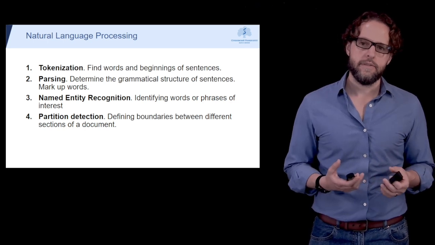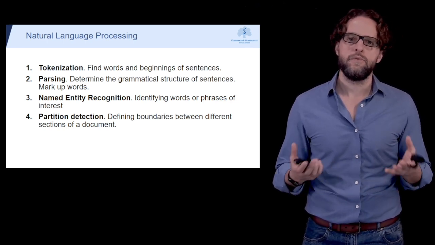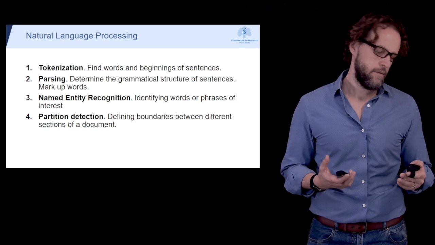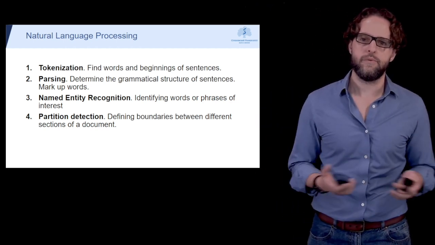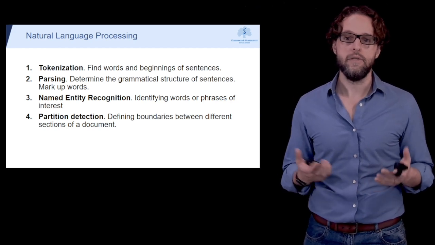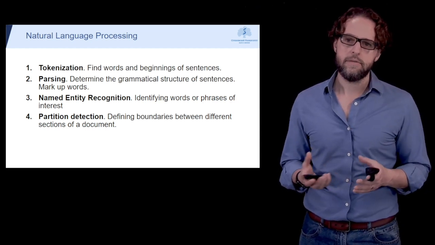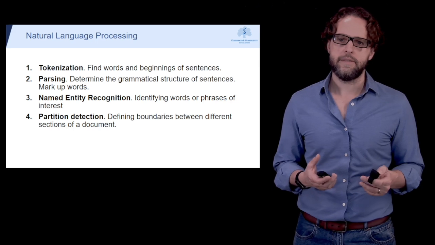And this technology was used before we were able to implement large language models. It was quite crucial to understand the structure of these sentences.